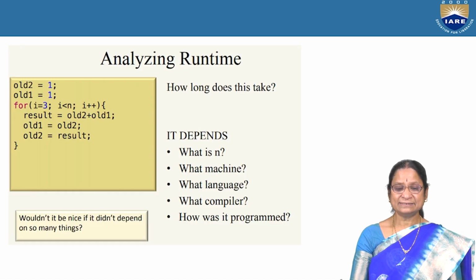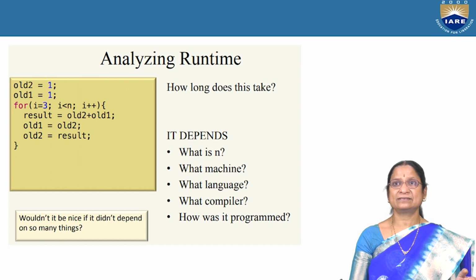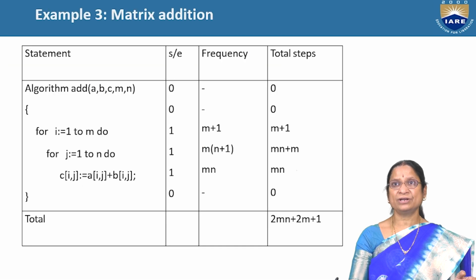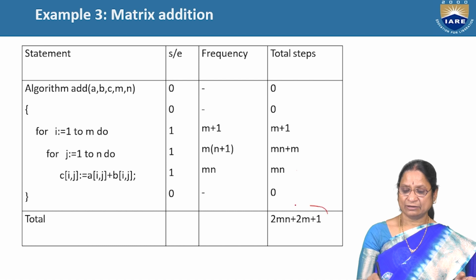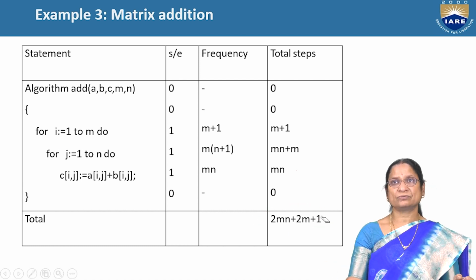So whenever we are analyzing runtime, it depends upon n and also the machine, language, compiler and program. But instead of that, when we consider the algorithm, we use only n. So that is why we consider this as the time complexity of nesting of 2 loops.